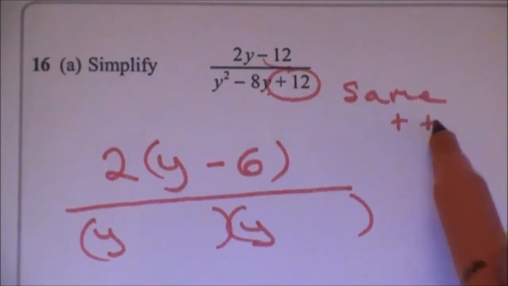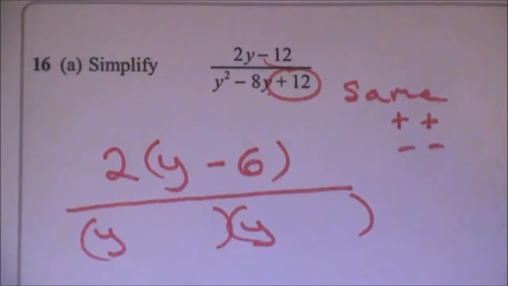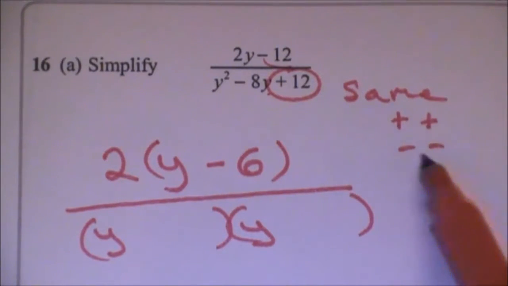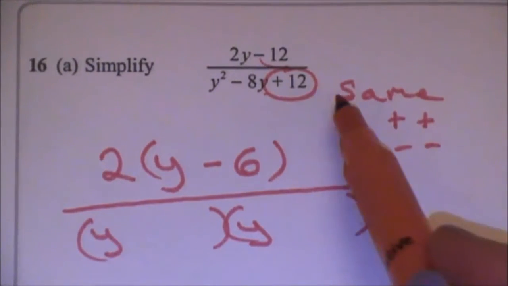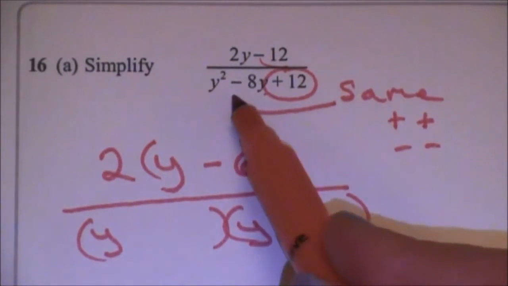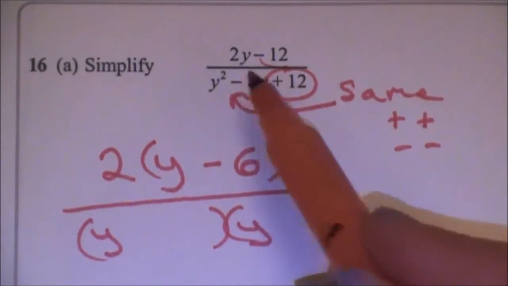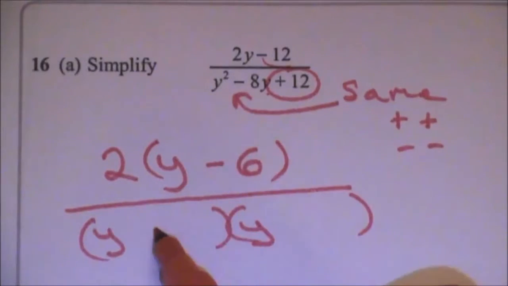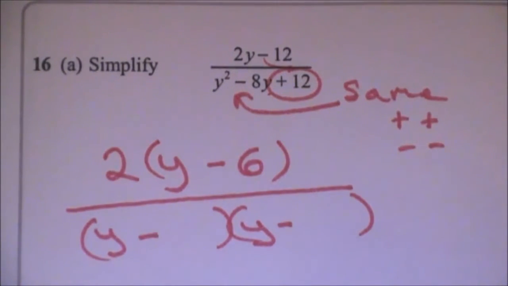Now, they could both be positive, they could both be negative, but they have to be the same. To identify whether they're positive or negative, I look to the middle sign. Because the middle number is a negative, I know both of my brackets are going to be negative.